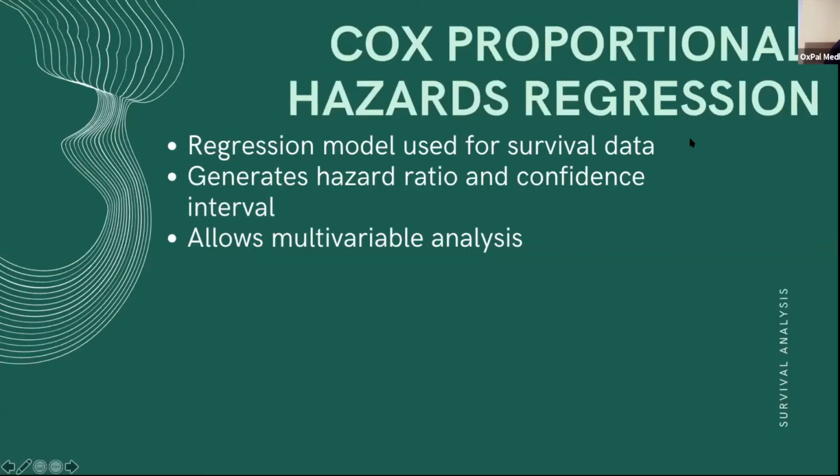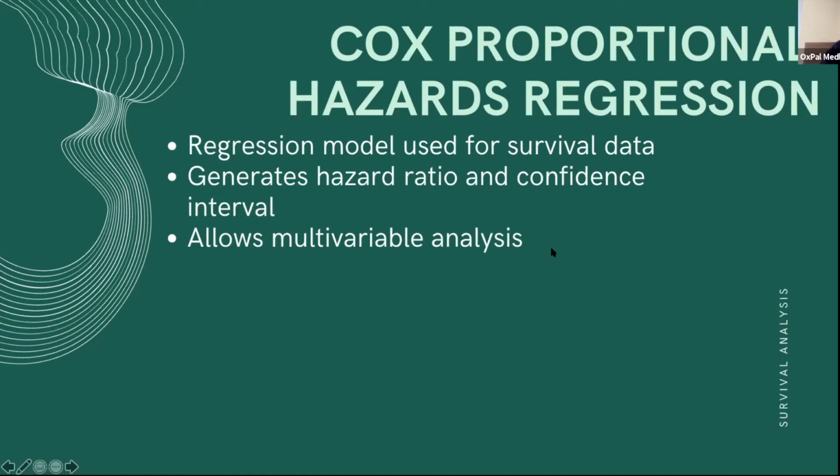It's a regression model taking into consideration survival data. Remember, survival data is composed of time and event, and it generates a hazard ratio and a confidence interval, something that was not possible with Kaplan-Meier.